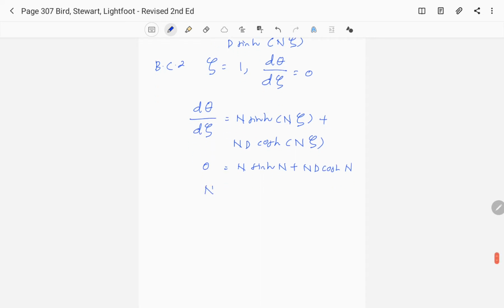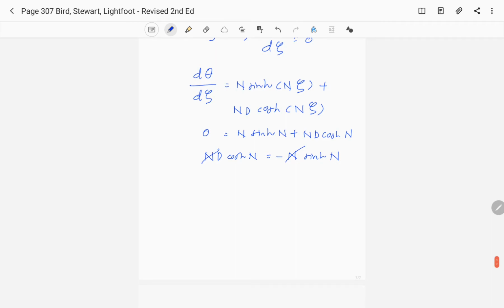Okay, then we get nd cosh n is equal to minus n sinh n, and then this n can be crossed on the left and on the right, and then d will be equal to minus sinh n divided by cosh n, and this will be equal to minus tanh n.